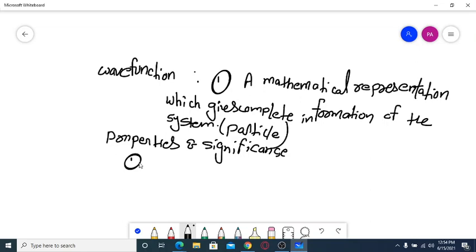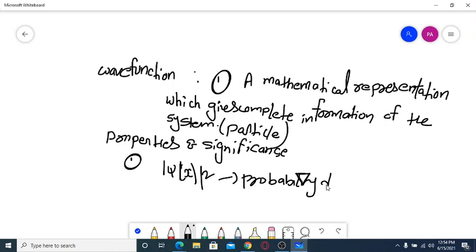In the last class also we studied the important postulates. Mathematically, if we write mod of psi of x squared, then what does it mean? It means that it is the probability density of the particle.